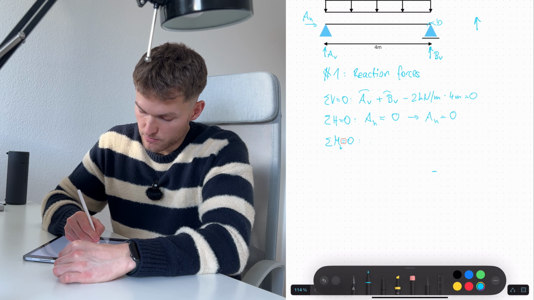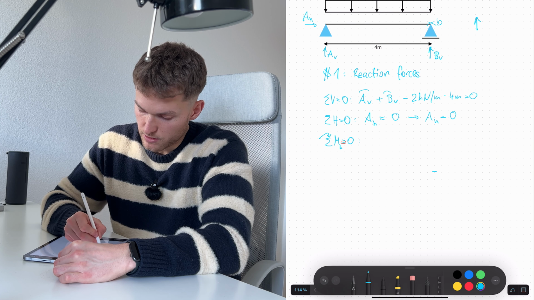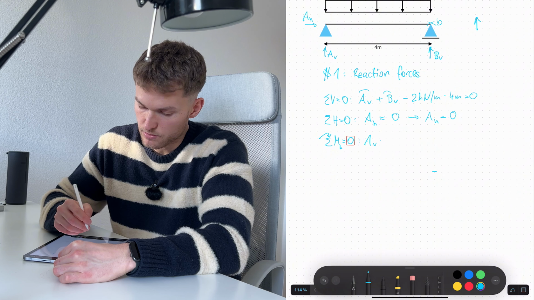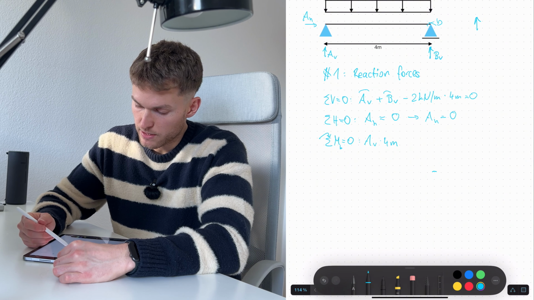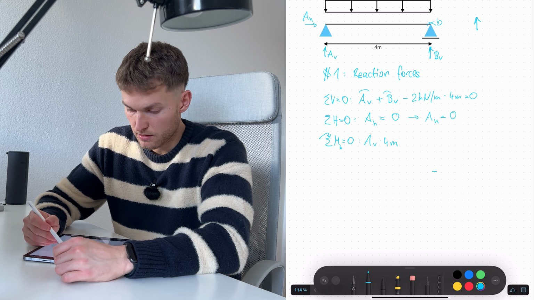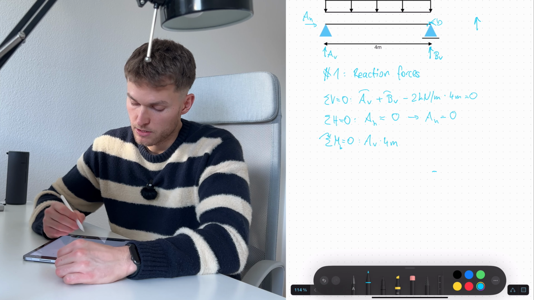So what do we have? We have AV, and we say this is the positive direction. So we have AV times 4 meters. We don't have an ABV because it's in the point where we do moment equilibrium.